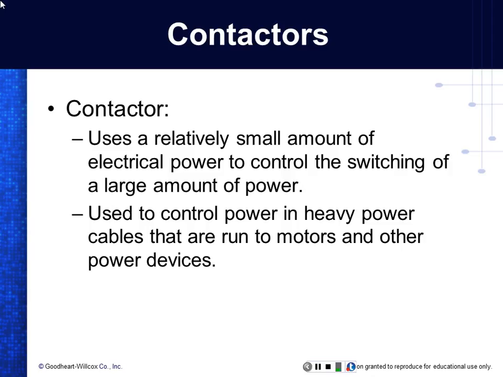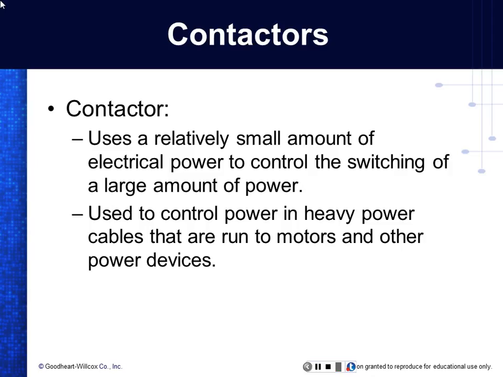So I can turn that on with 120 volts. But this motor that I'm actually controlling over here is three-phase. Yeah, 208 three-phase, or it can go up to 460, depending on how I wire it.